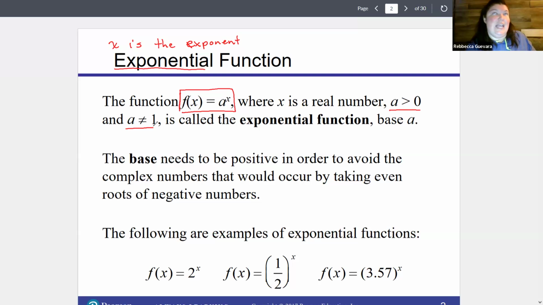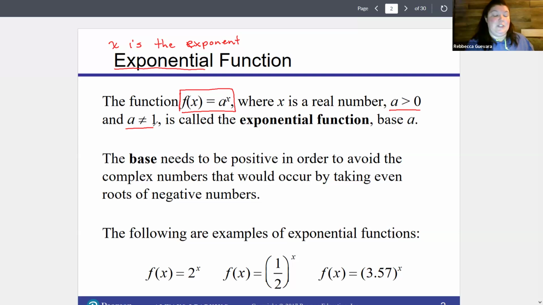Roots and exponents are connected to each other. If I had an exponent of 1/2, that's the same thing as taking a square root. So we're trying to avoid ending up with complex numbers, because we end up with something really strange looking. So we make sure that a can't produce complex numbers, and that a is not 1, because then we just get a straight line.